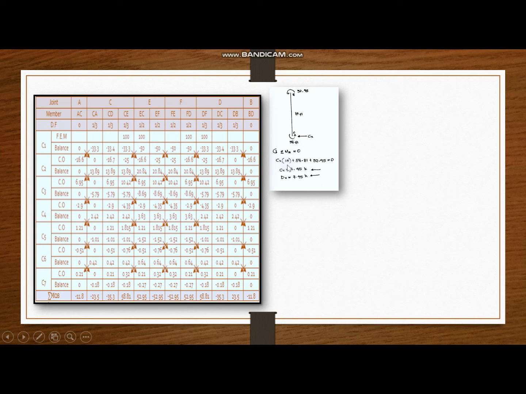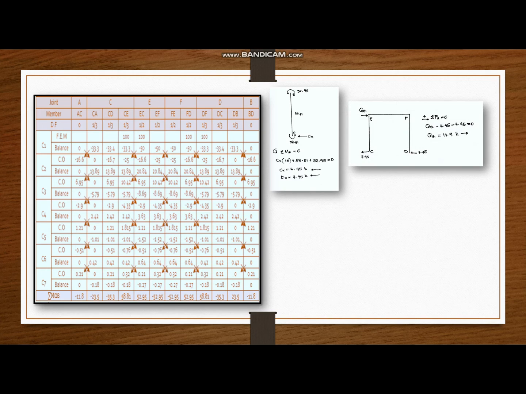So, CX times 15, our length, plus 58.81 plus 52.95 is equal to 0. So, our CX is equal to 7.45 K to the left. Also, since symmetrical, same lang siya sa DX is equal to 7.45 K to the left.